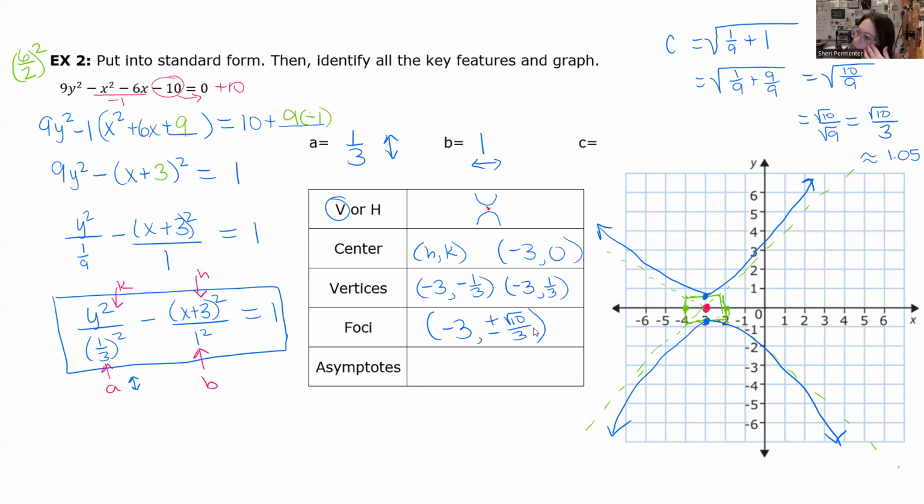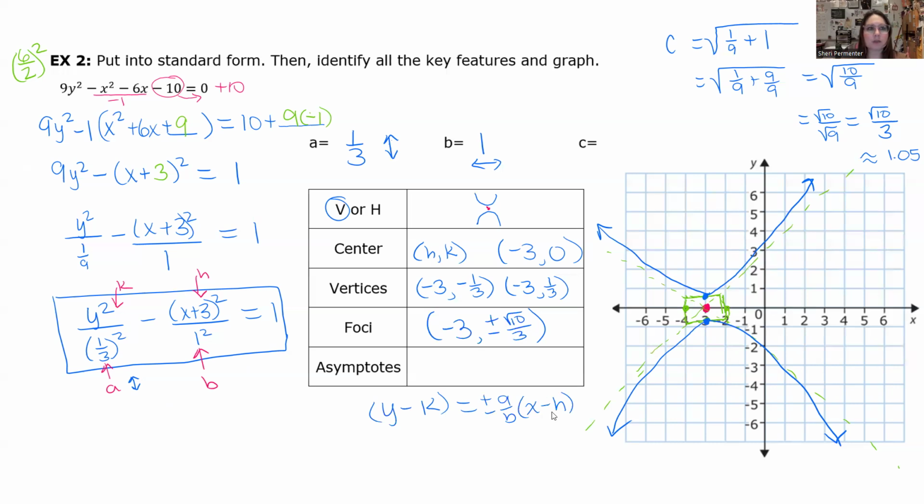For my asymptotes, my equation is similar, but one thing that's different is the slope. So this time it's A over B. So our equation is y minus k equals plus or minus A over B times x minus h. Correct me if I'm wrong.